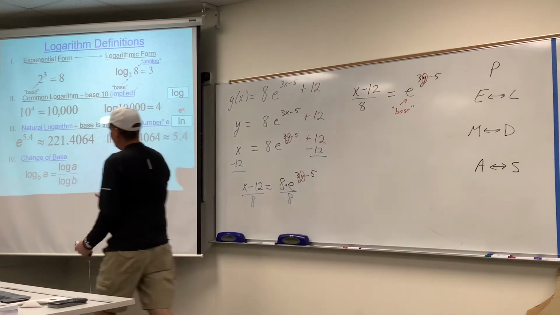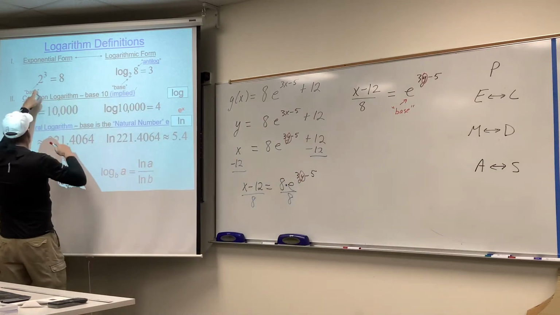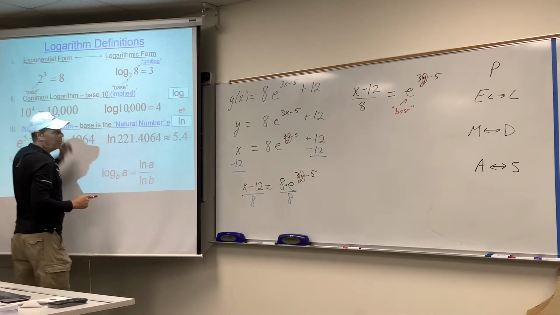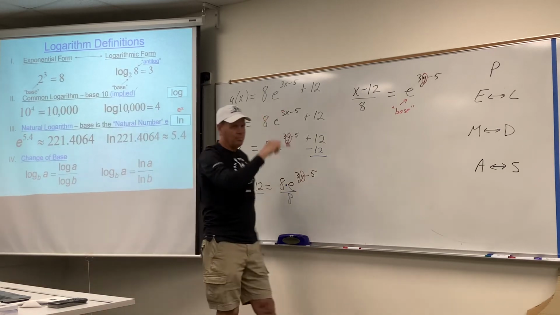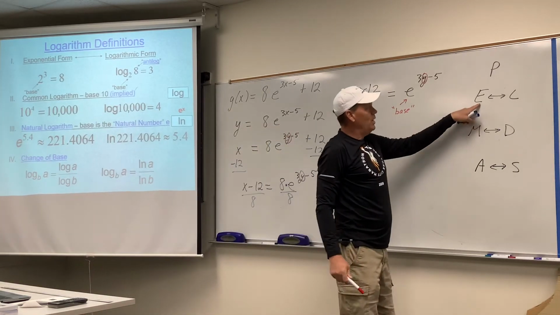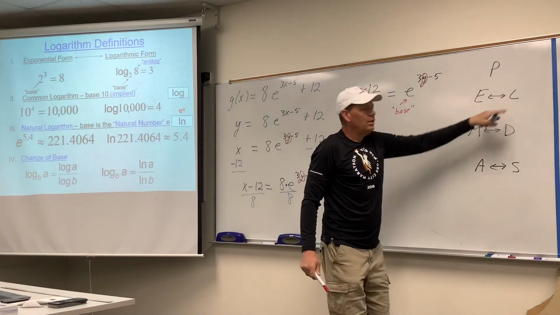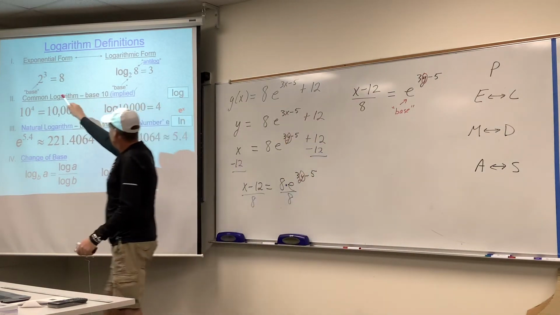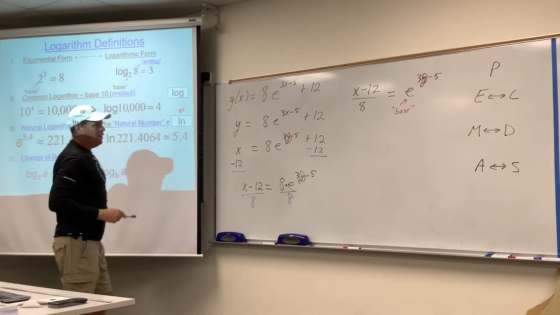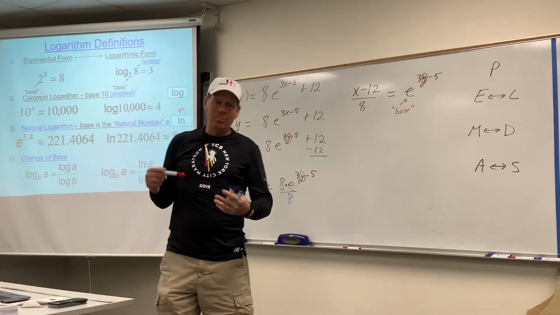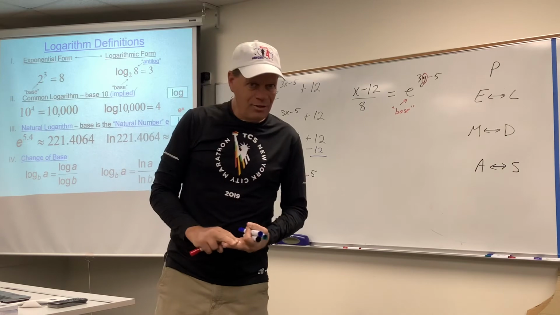They're switched around, but isn't this a base to a power equals something? An exponential type of equation. And therefore its inverse would be to change it over from that exponential to the logarithmic, which was practiced multiple times on examples 1 and 2.